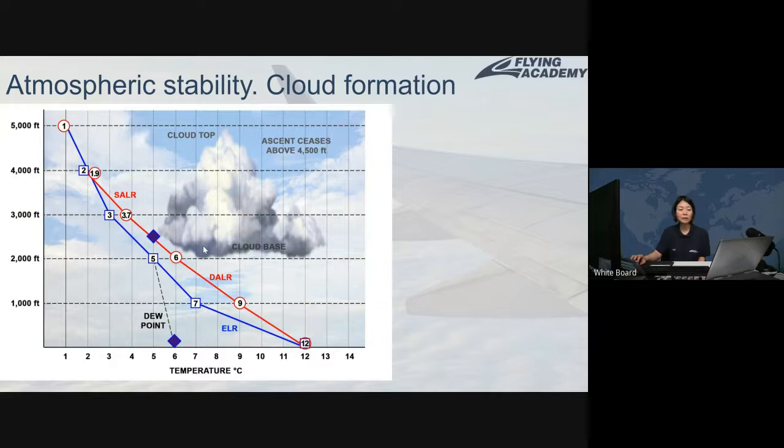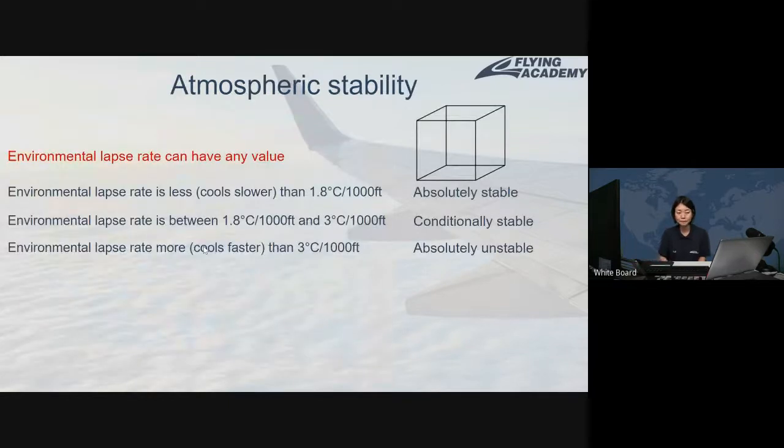Go back to the previous diagram, is this one? So it's written here, the environmental lapse rate can have any value because it's nature.